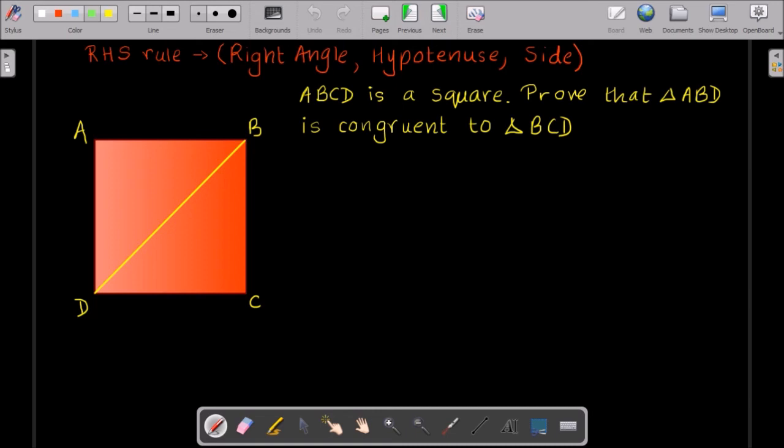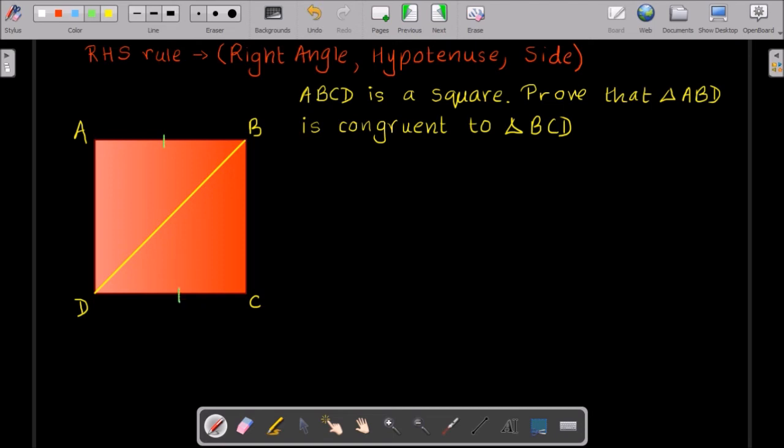Again, we'll do a question to demonstrate how we can use this rule. So let's see, ABCD is a square. Prove that triangle ABD, which is this one, is congruent to triangle BCD.